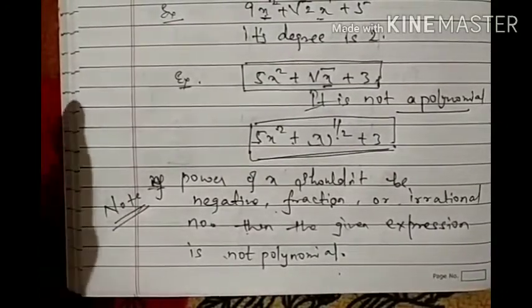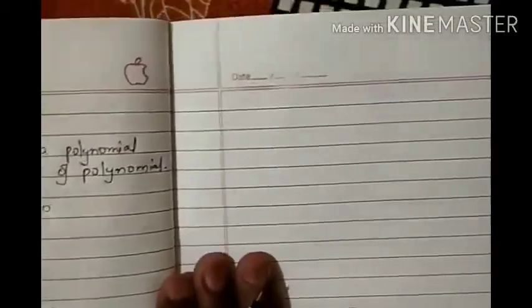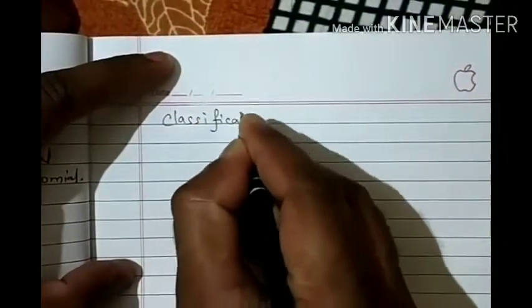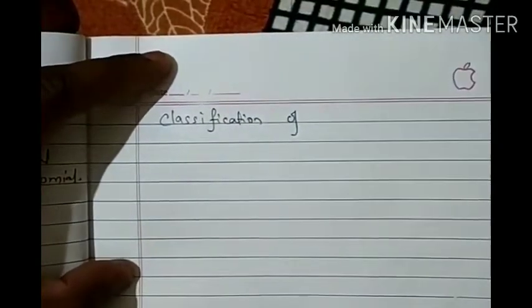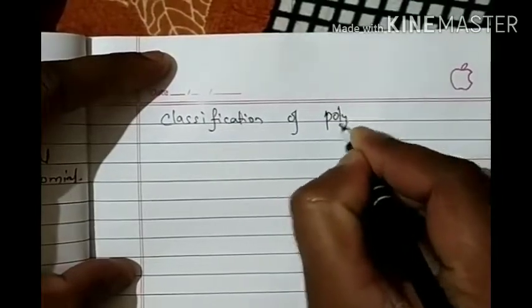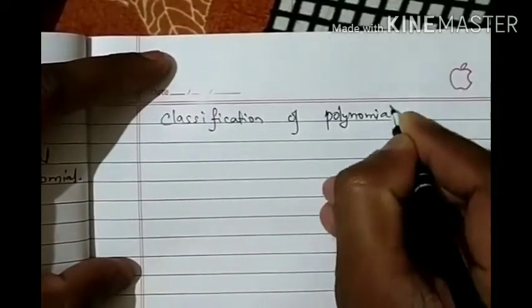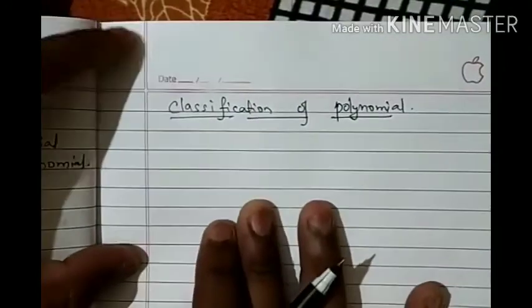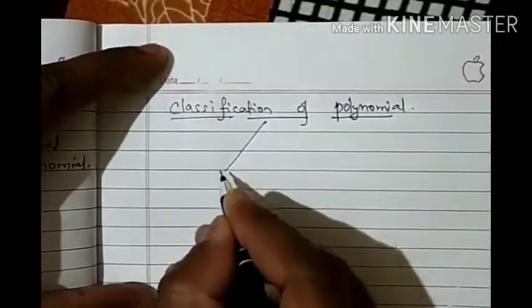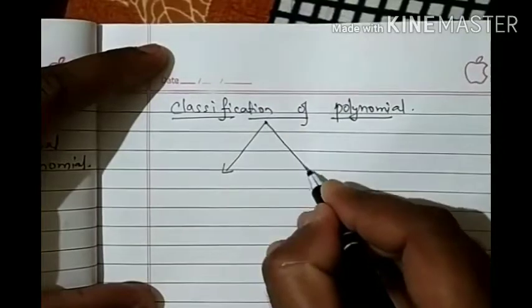Now let's see the classification of polynomial. This is again a very important concept. Polynomials are classified on two bases.